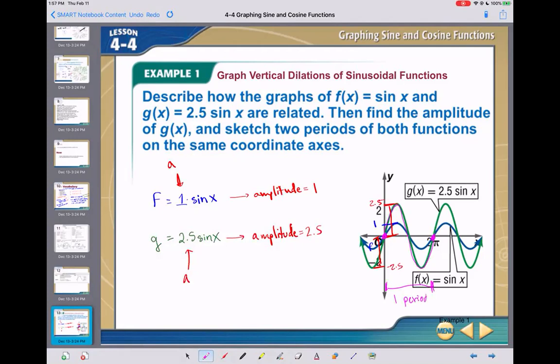That's 1 full cycle: midline to max, max to min, min to midline. That's a period. This graph has 2 periods. That's 1 period. This would be a second period.